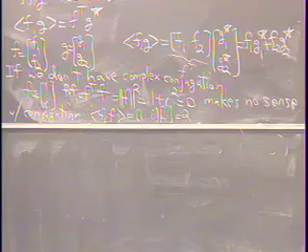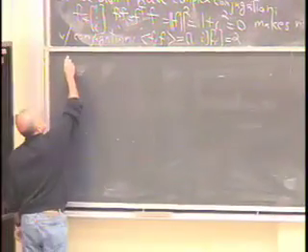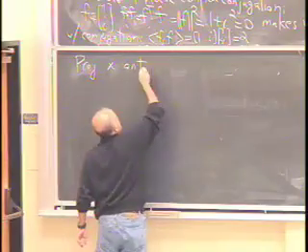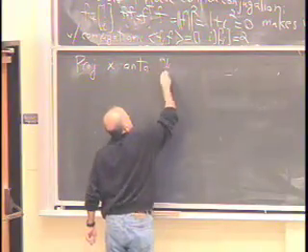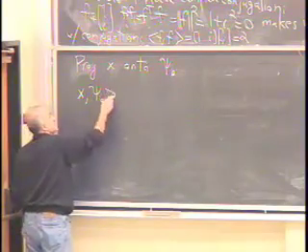Now, back to our expansion. I want to project x onto phi 0. So I take the inner product to find C0, project x onto C0.